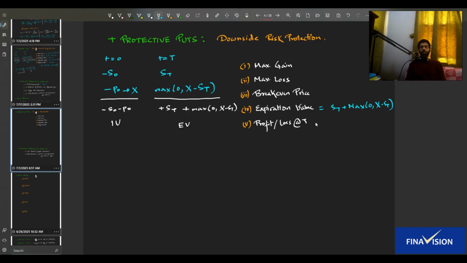And the profit or loss is basically the sum of the cash flows. So initial value or initial cash flow plus final value or value at expiration or cash flow at expiration.